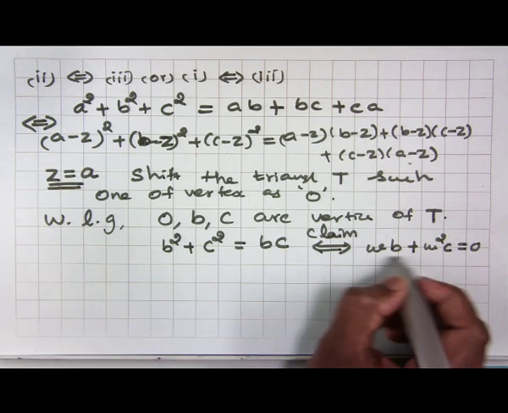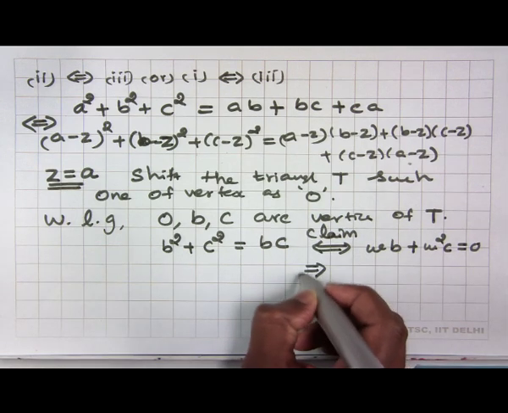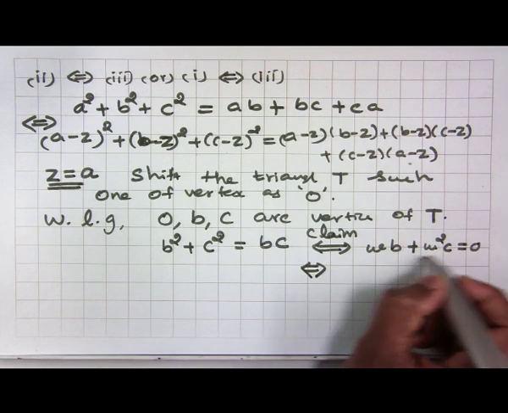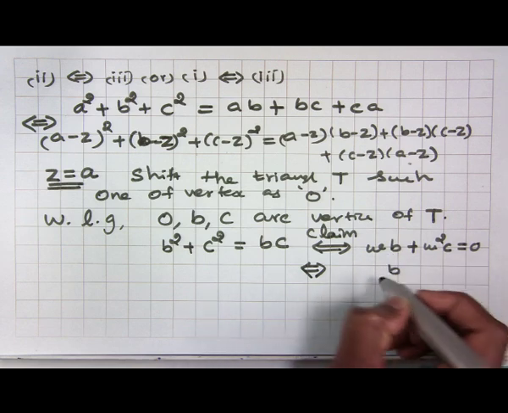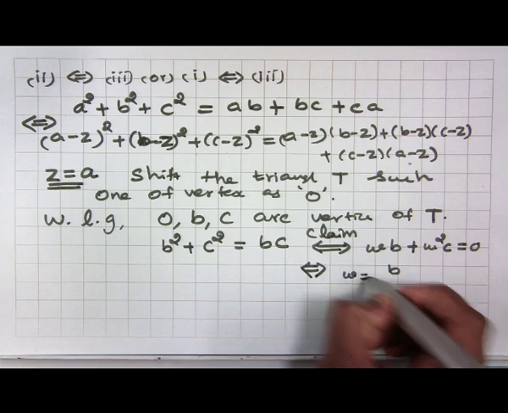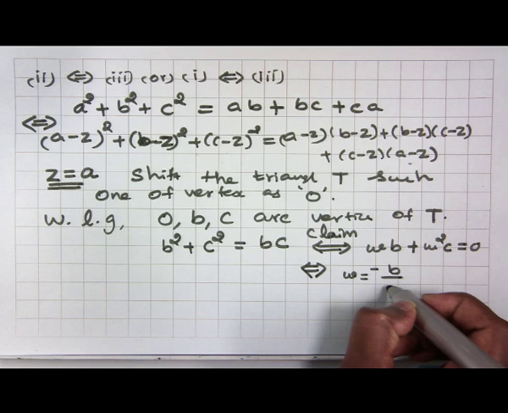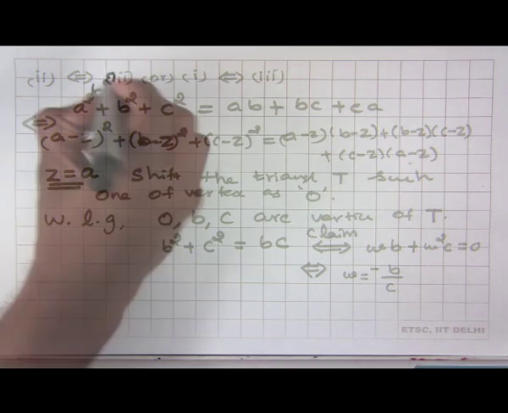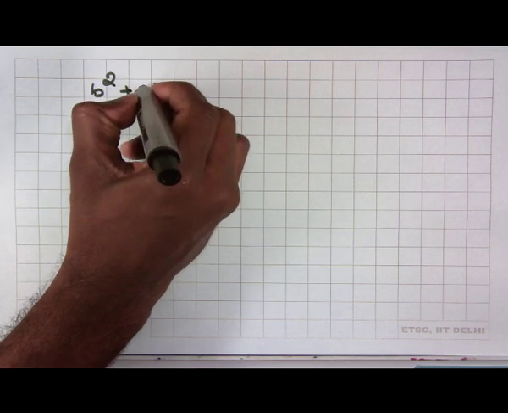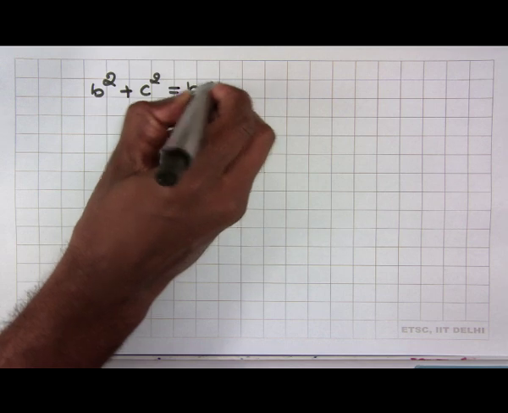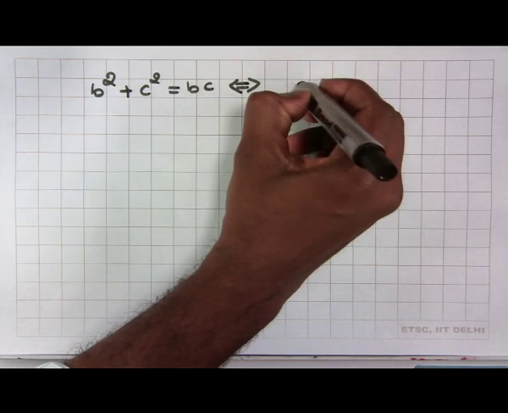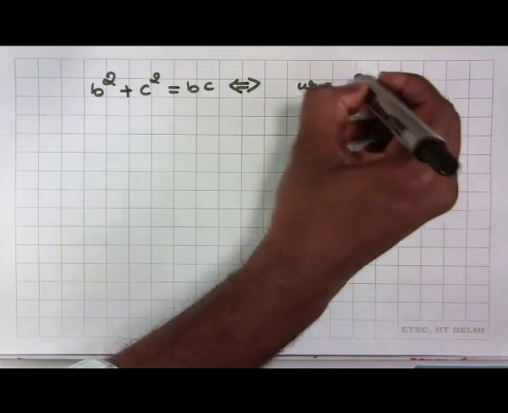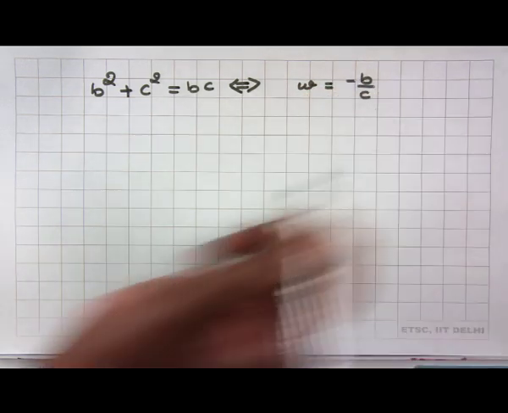Now, what does this mean? Just observe that omega is minus B by C. To show that B square plus C square equals BC, it boils down to showing that minus B by C is a cube root of unity.